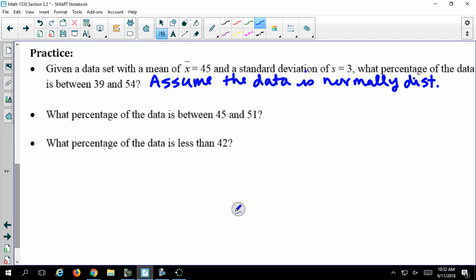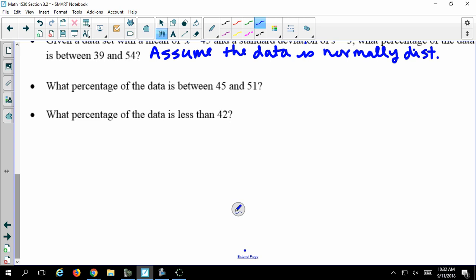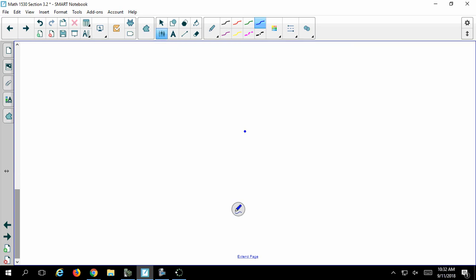So what we're going to do is start out with this 45 and 3, and we're going to draw. This is what you're going to do on the test. You're going to draw that normal distribution. So you need a number line. You're going to draw the bell. If it's a bell, it's not a cup or anything else.